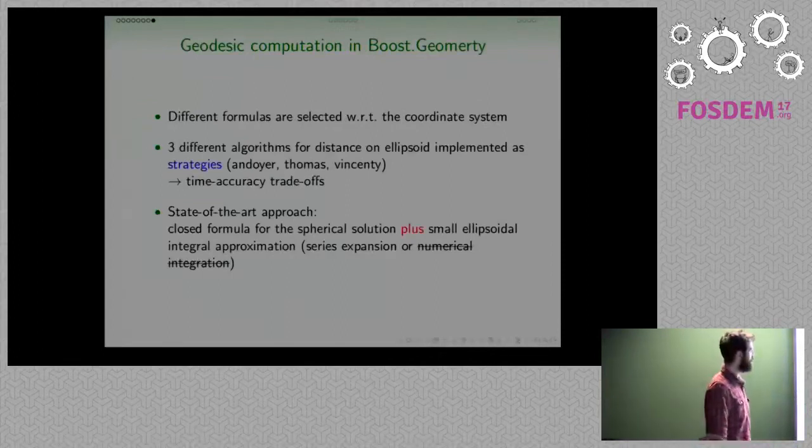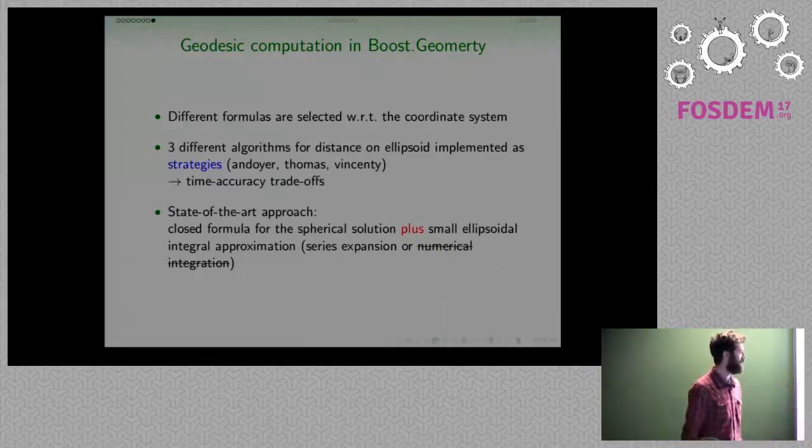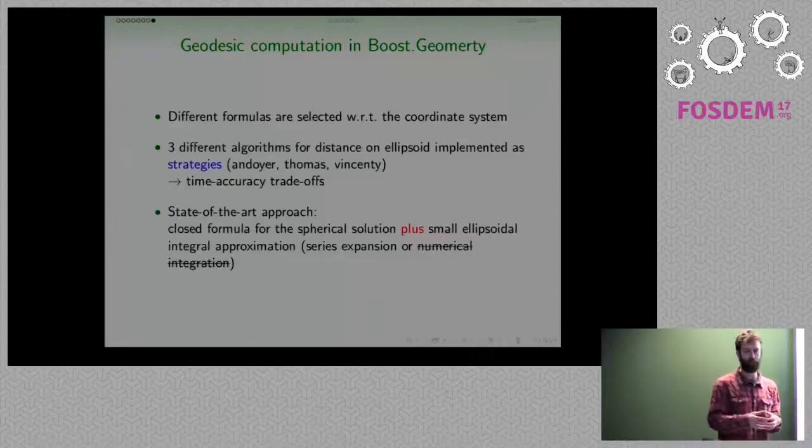Okay, so what we do in Boost Geometry, we have different formulas which are selected internally with respect to the coordinate system. As Adam shows, the coordinate system comes together with a point.